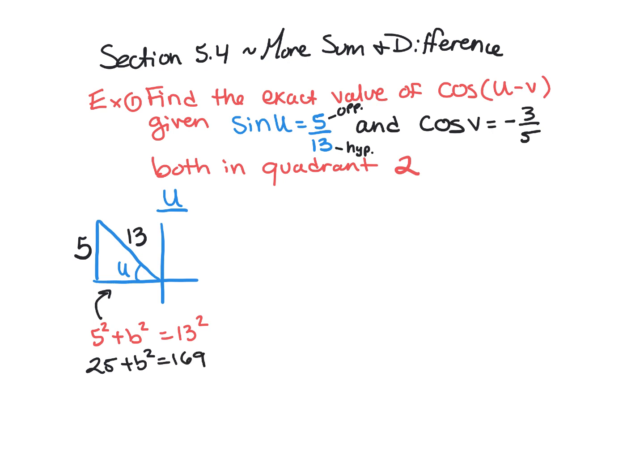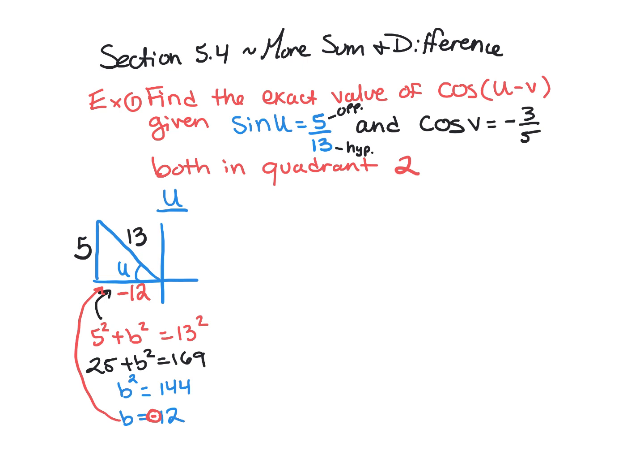Then we just solve for b, so we subtract 25 from both sides, and we do the square root. Square root of 144 is 12. But if we look at where this side is in our triangle, it's in quadrant 2, so that side would be a negative x value, so we'll need a negative 12. So that's why it's important to know what quadrant your triangle is in.